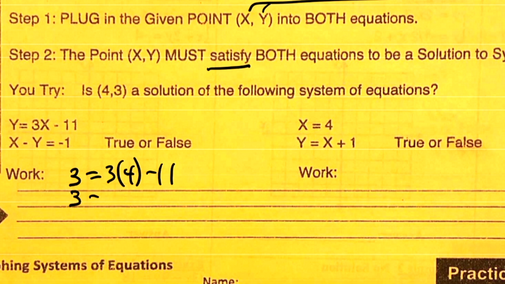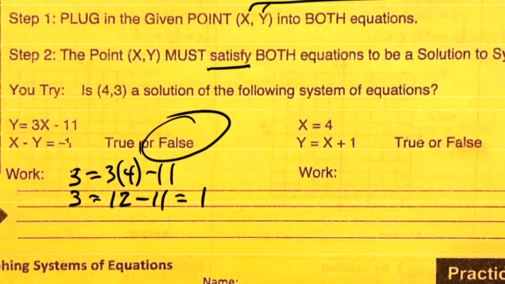Is 3 equal to 12 minus 11, which is 1? No. I don't even need to check the other equation. If it doesn't work for one equation, it's not a solution to the system. So I'm going to go ahead and say false right now. That is not a solution to that system.